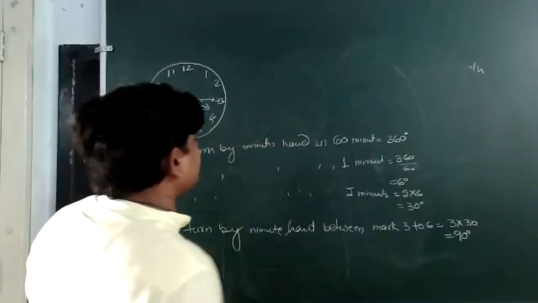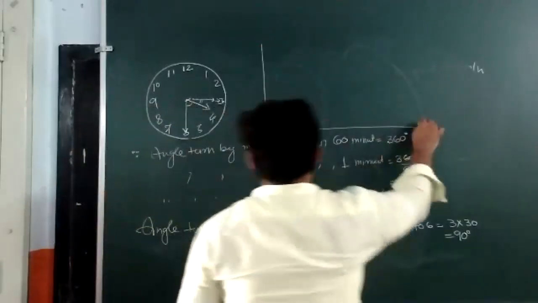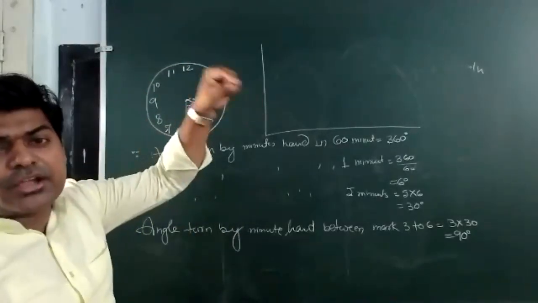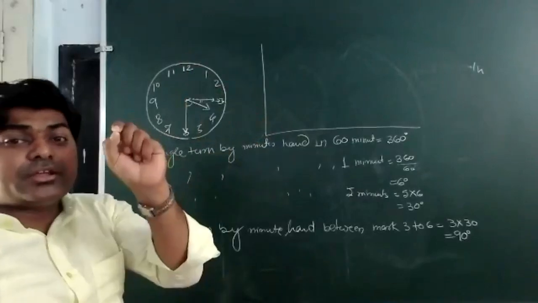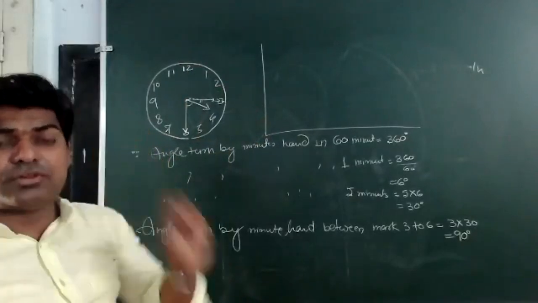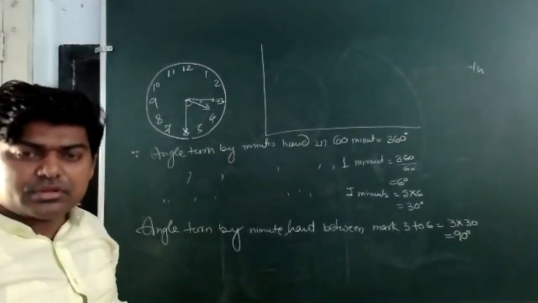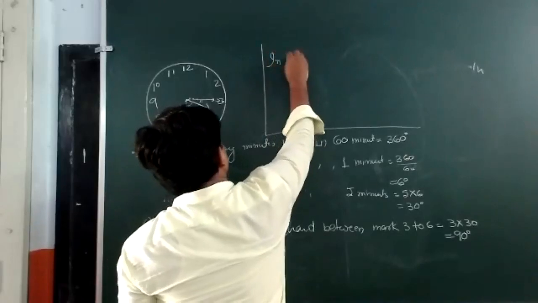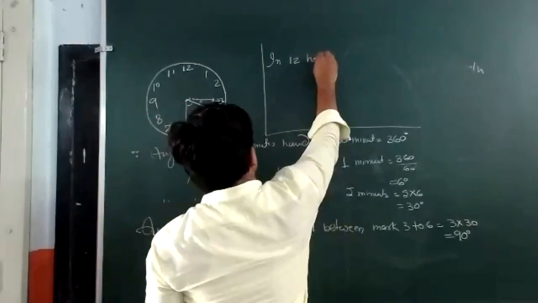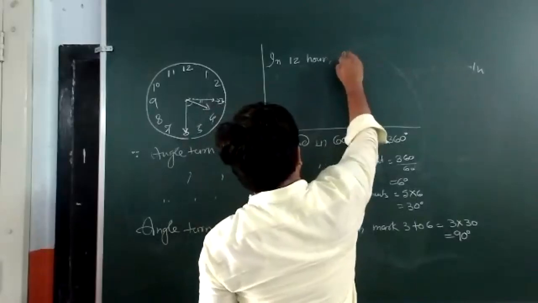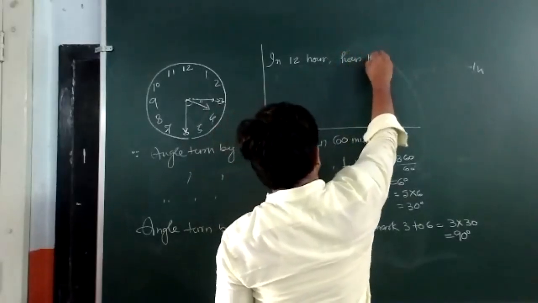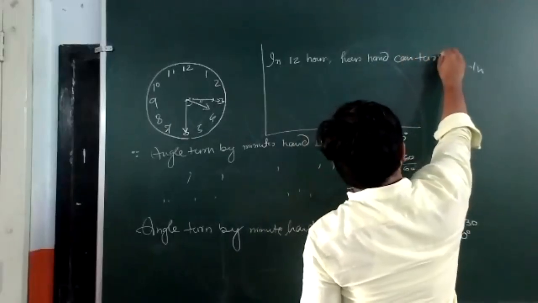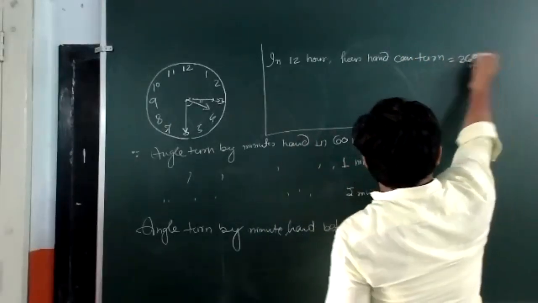Between 3 and 4. So we stay right here in the same way. Then that hour hand can turn 360 degree in 12 hours. Am I correct? So what I can say, in 12 hours, that hour hand can turn 360 degree.